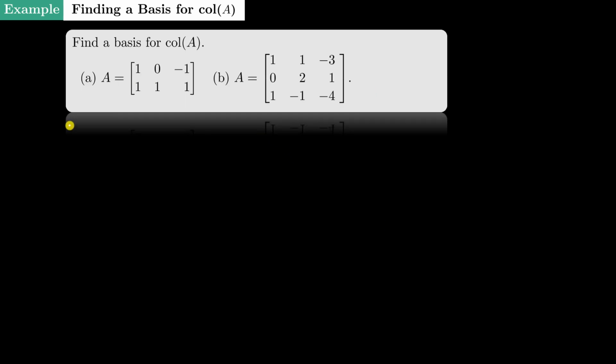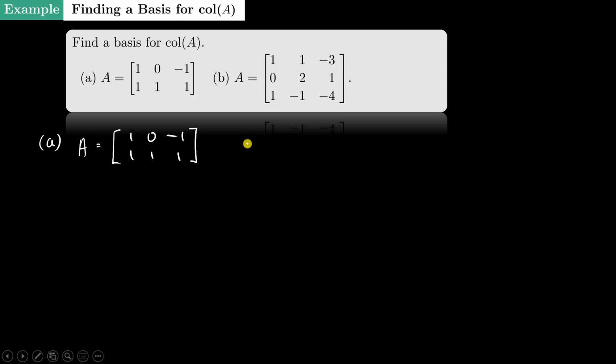In this example, we are supposed to find a basis for the column space of matrix A. For part A, we have a 2 by 3 matrix. A is given by 1, 0, -1, 1, 1, 1.